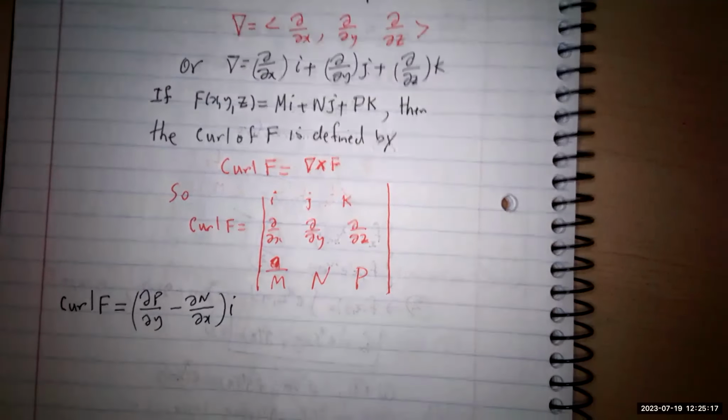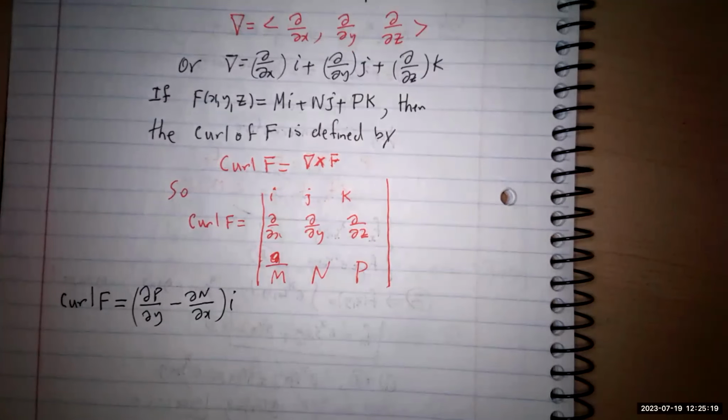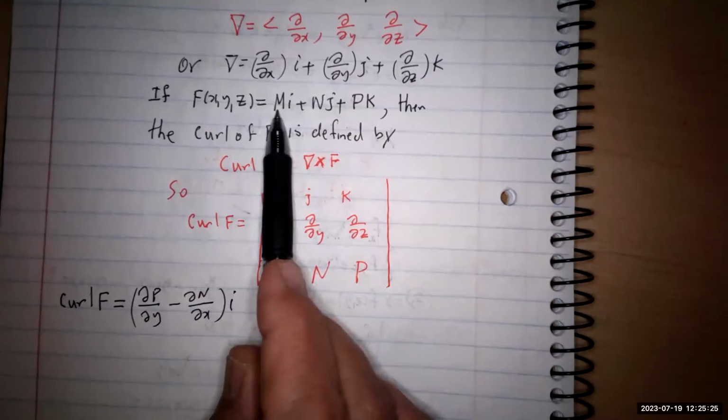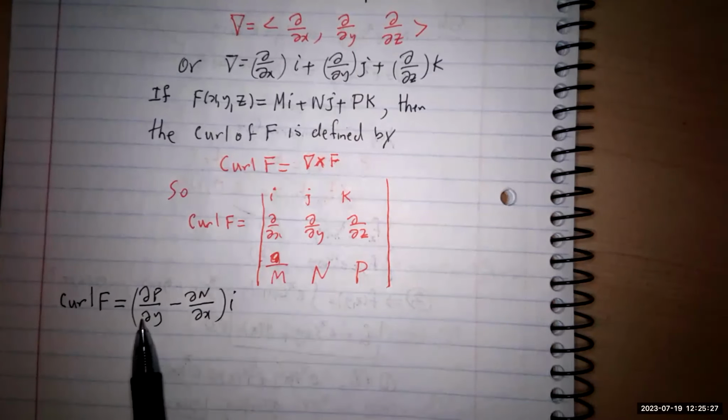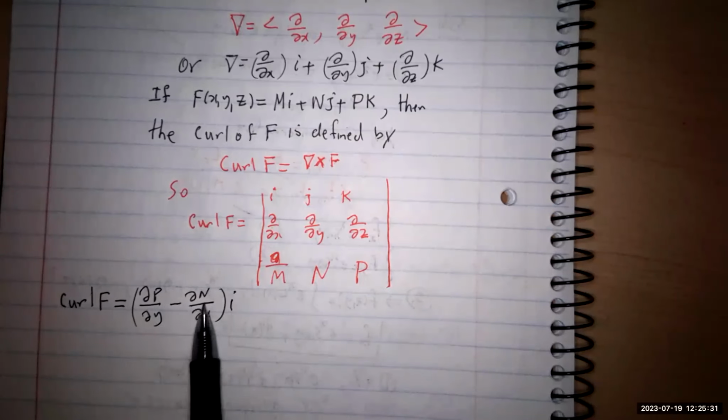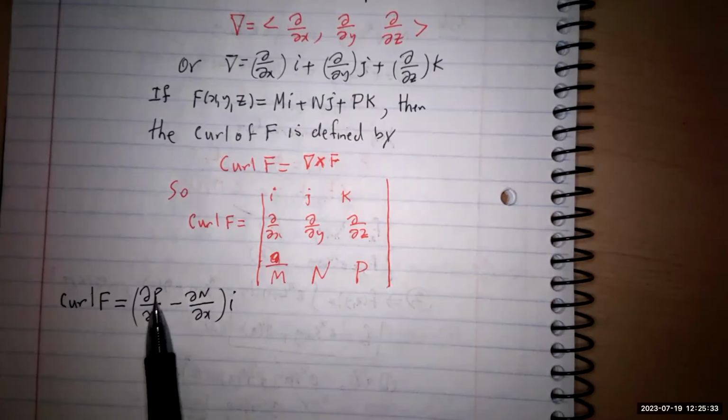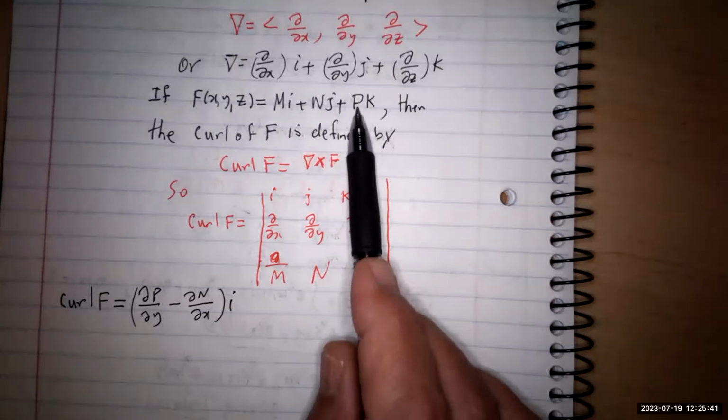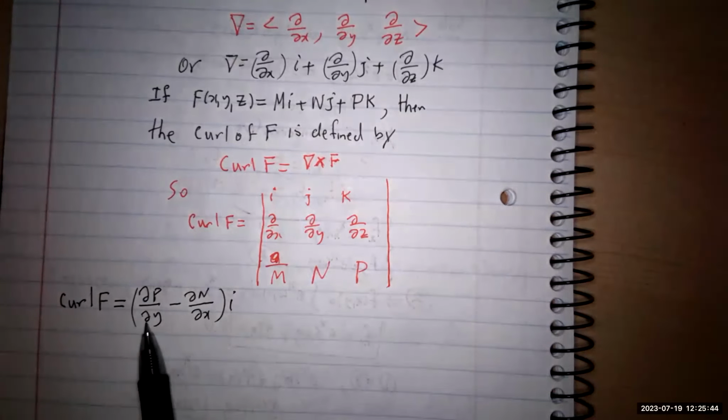You see, this is the way we write it down. It's easy to memorize. This is the first component. The first component is M. You just delete the M. So you compare the P and the N together.